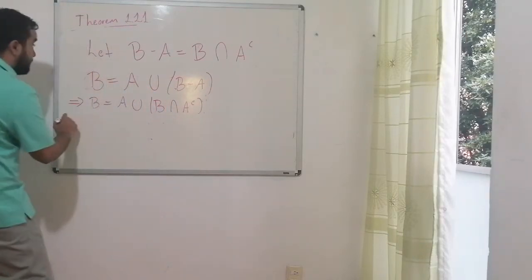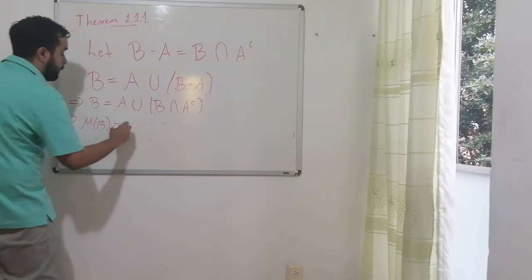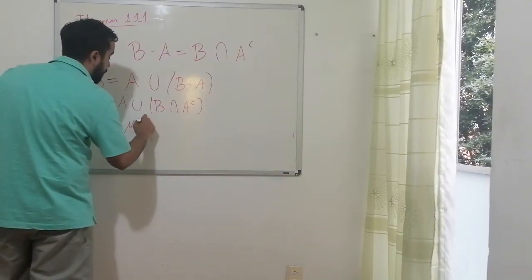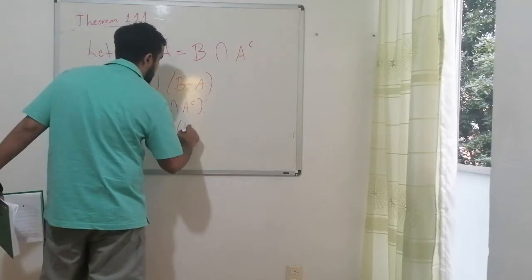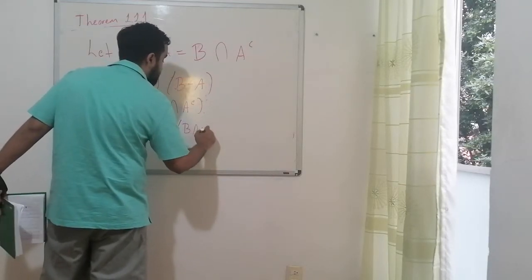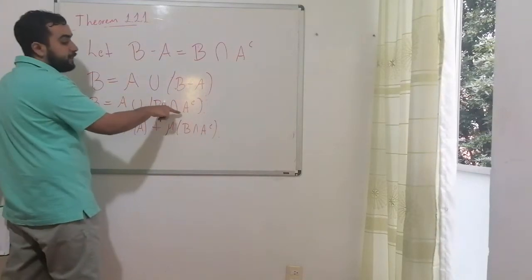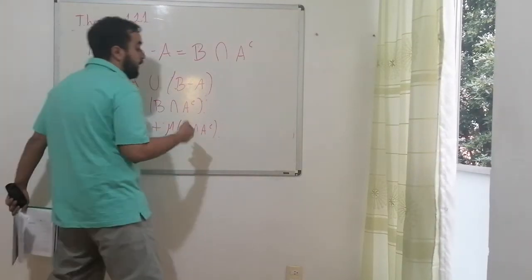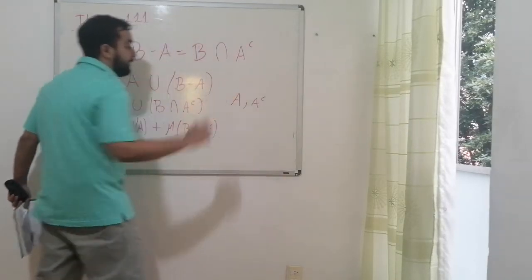This implies that the measure of B is equal to mu of A plus mu of B intersection A complement. That's because A and B intersection A complement are disjoint, because A is disjoint from A complement.